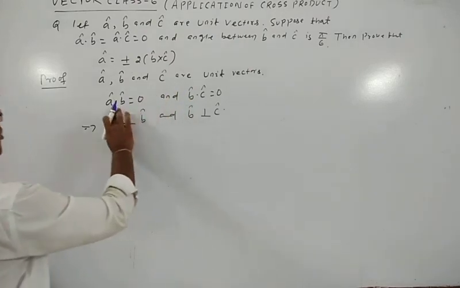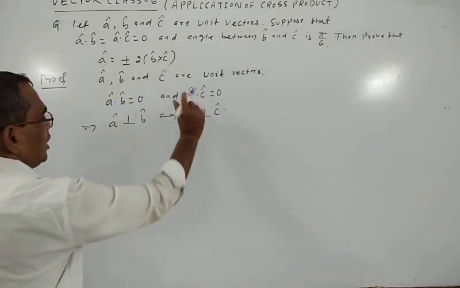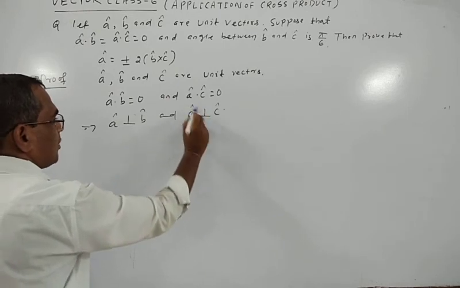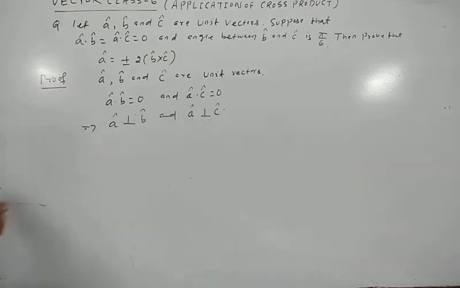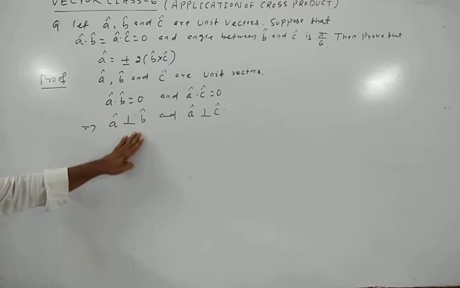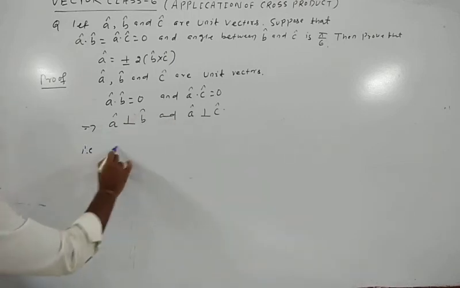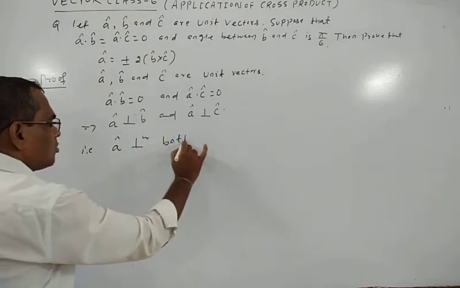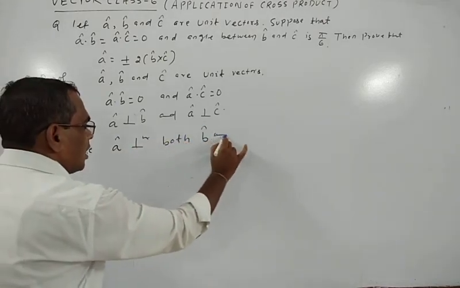Here A cap dot B cap is equal to 0 and A cap dot C cap is equal to 0. That is A cap perpendicular to B cap and A cap perpendicular to C cap. That means A cap is perpendicular to both B cap and C cap.